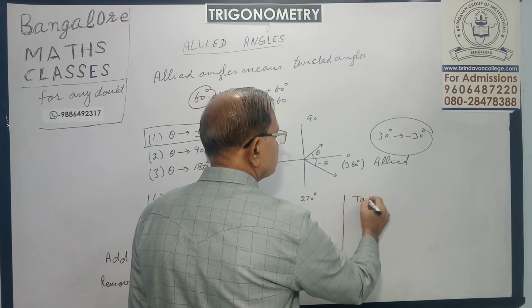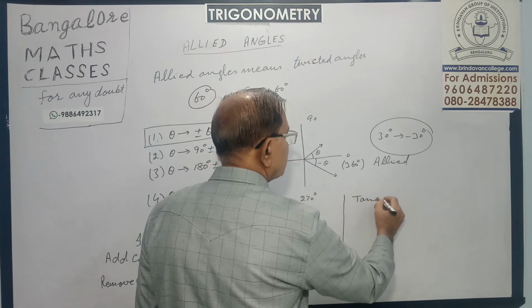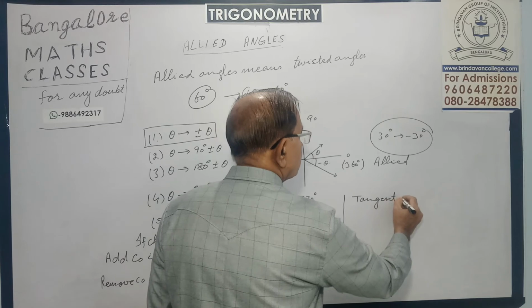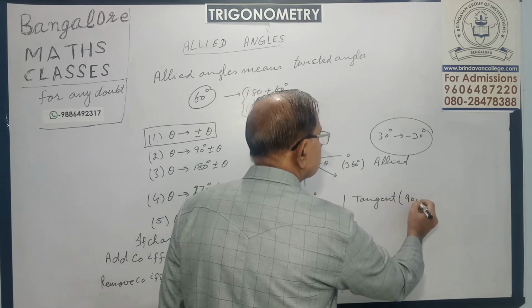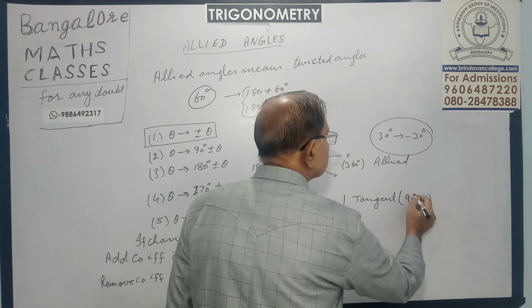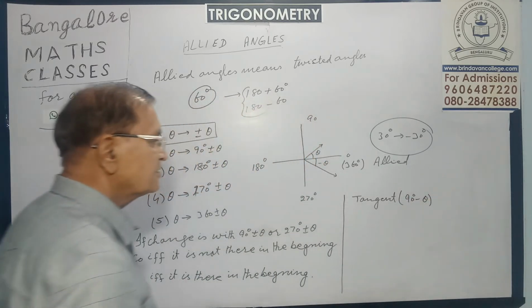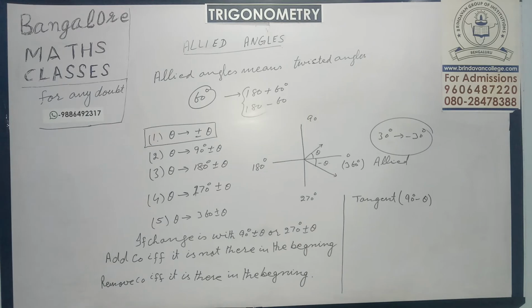Tangent theta. I am writing it as tangent of 90 minus theta. How can I change it to theta?